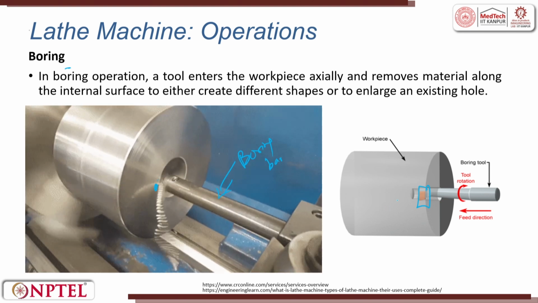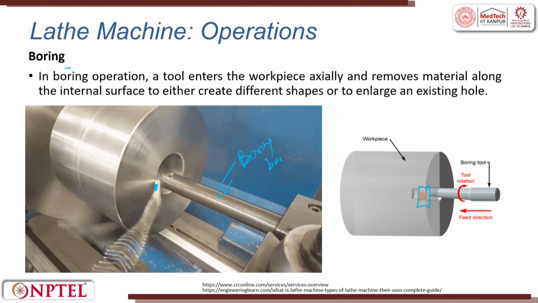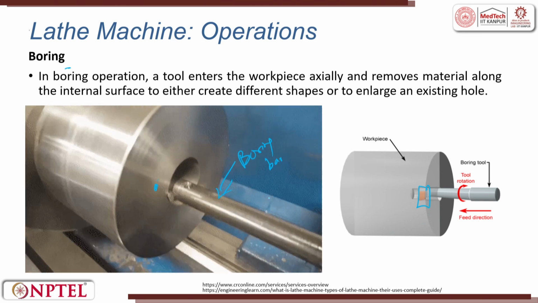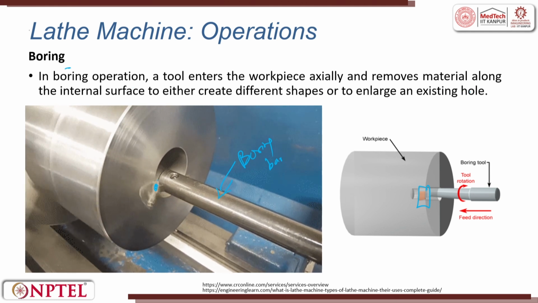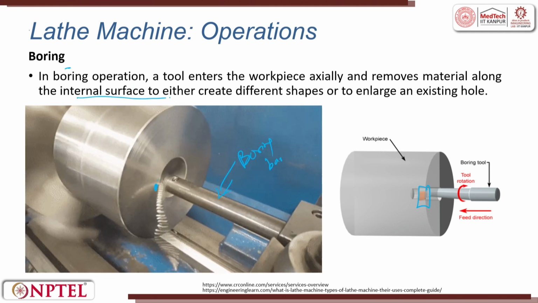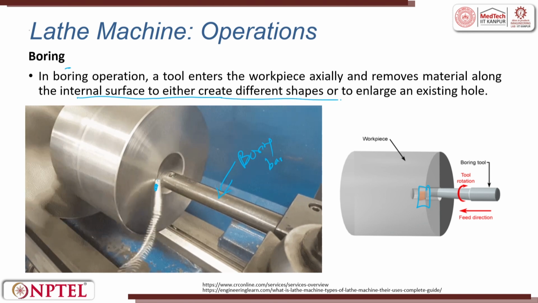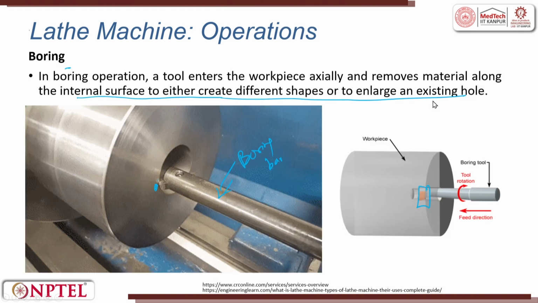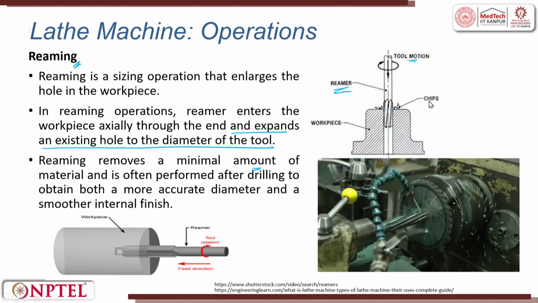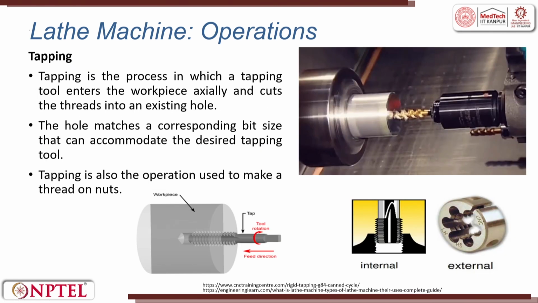So it enters and then it tries to create or enlarge a hole. In the boring operation, the tool enters the workpiece axially and removes material along the inner surface to either create different shapes or to enlarge the existing hole. So reaming and boring will not generate a hole. Whatever hole was generated in drilling can be enhanced or improved by reaming and boring operations.